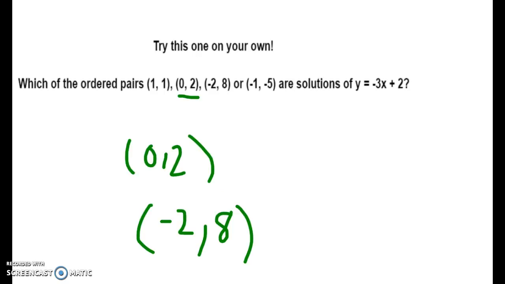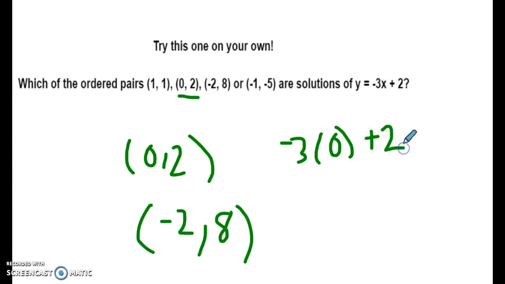So if you substitute in each x value and each y value, and I do want to see that work on your paper for each of these, you should show that when you substitute in 0, negative 3 times 0 is 0. And then 0 plus 2 is going to equal 2.